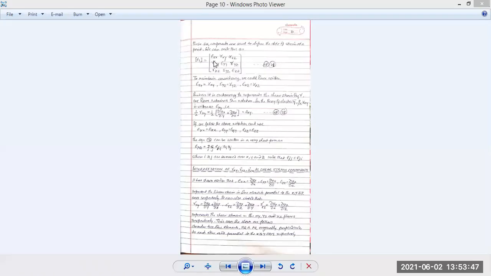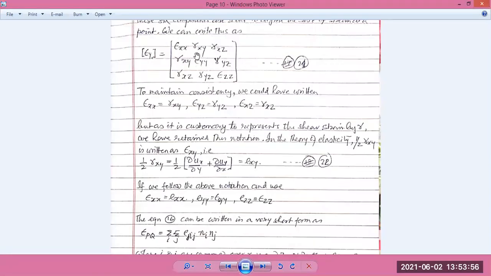Here we have this equation. Here our matrix is given like this, with epsilon xx, gamma xy, gamma xz, as per our numerical terms. Epsilon xx is here 0.02. Gamma xy is given as minus 0.04 and gamma xz is equal to 0.